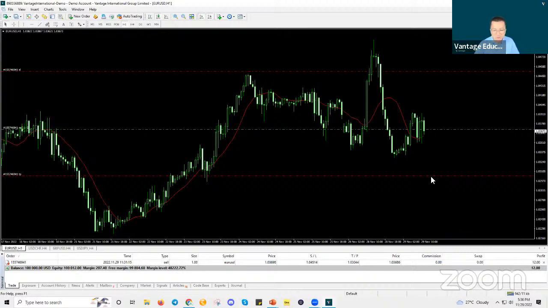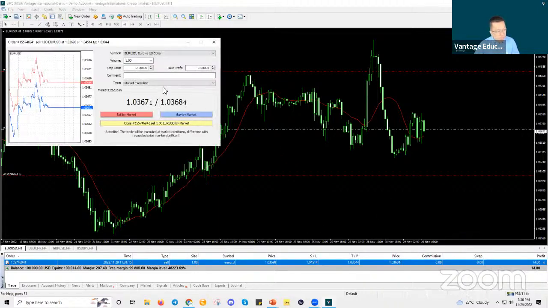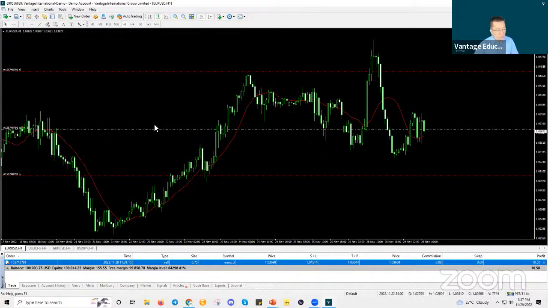There were questions about how do you close out for partial profit. What you could do is, so this is one standard lot. You could just go in here and change it to, let's say, 0.25. So you would have closed out 0.25, which leaves, in this case, 0.75 of your trade to try and continue towards the downside.